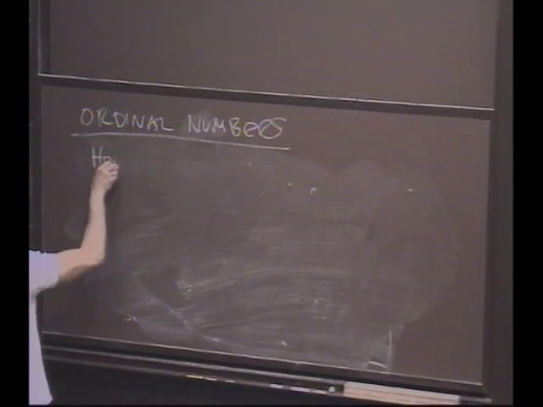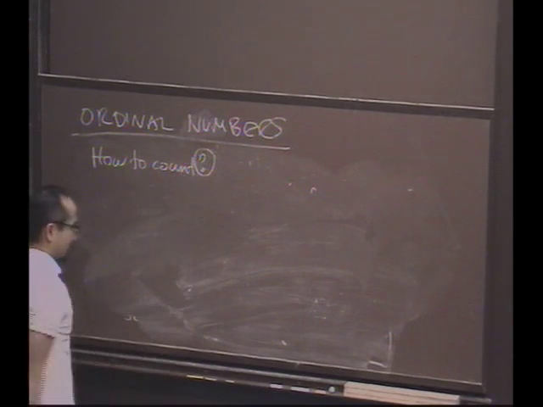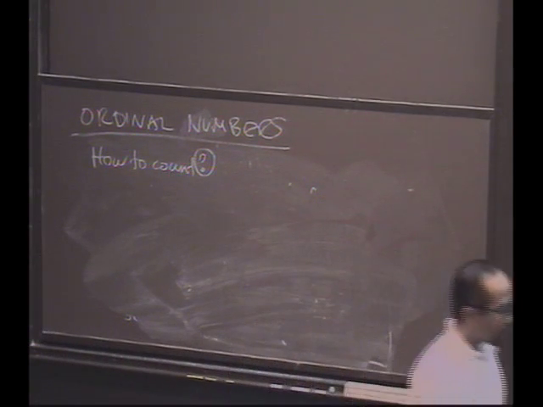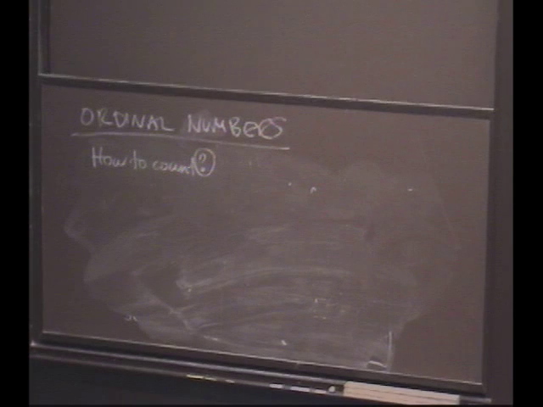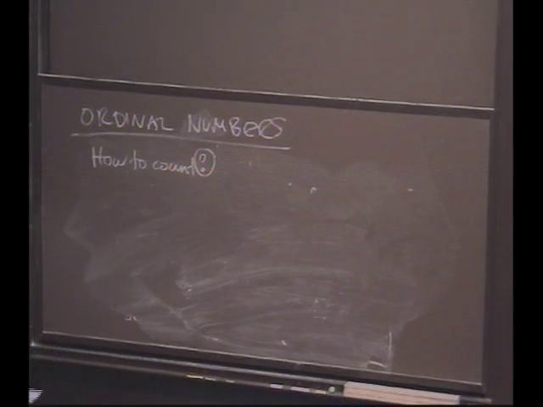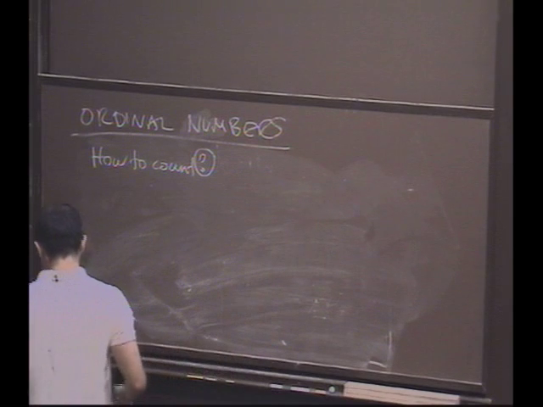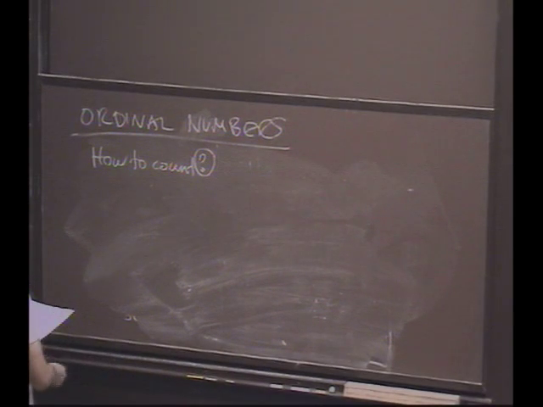So this is really the question of how to count. How do we count? I'm not going to repeat one of the earlier lectures, but we're going to try to think about counting in a more general framework. So the first thing that I want to do is talk about orderings, and then see if this might give us a way of counting.